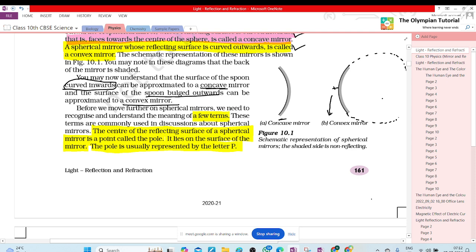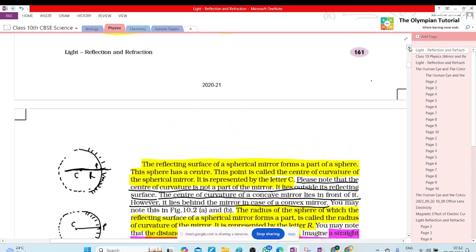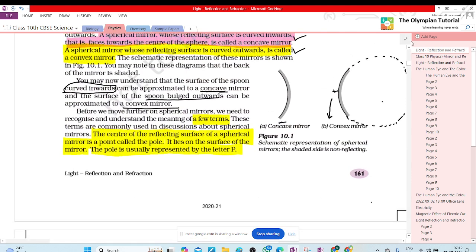As we complete this sphere, suppose the center is here, it is known as the center of curvature, and half of it is known as the focus.